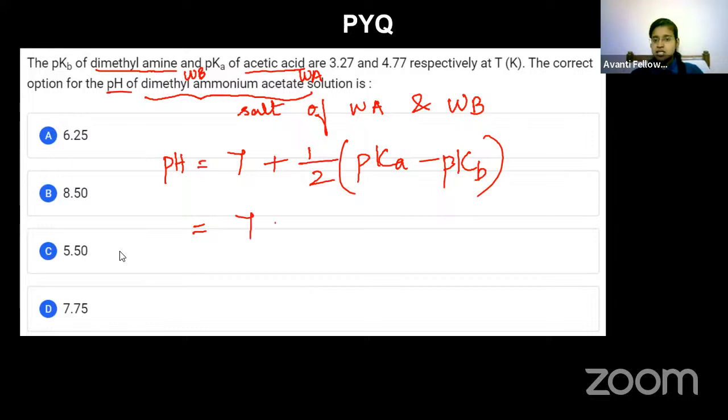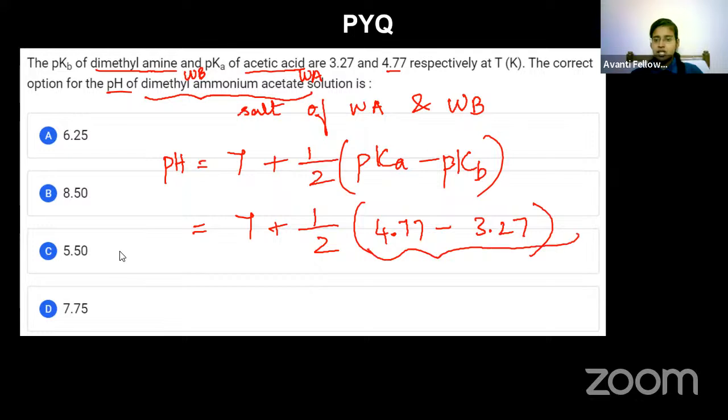It is 7 plus half of pKa minus pKb, where pKa is 4.77 and pKb is 3.27. So what is the answer for this? 4.77 minus 3.27 is 1.5, right? So 1.5 divided by 2 plus 7. What is 1.5 divided by 2?